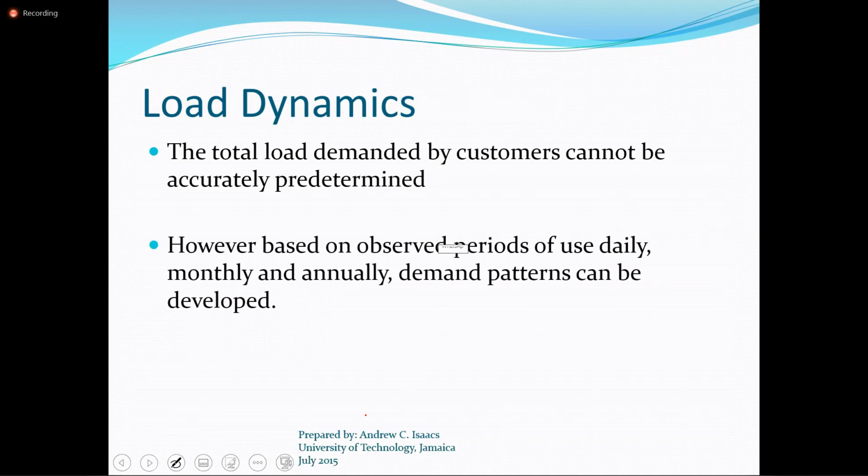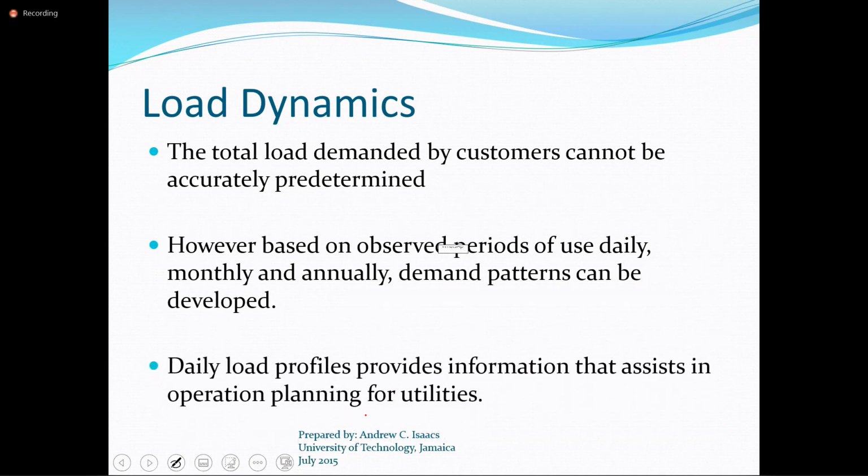But based on observation, based on what would have been seen by the utility annually, monthly, and daily, what they would have seen over time, they can have established demand patterns, right? And by virtue of those patterns, be able to provide the generation to meet that demand.